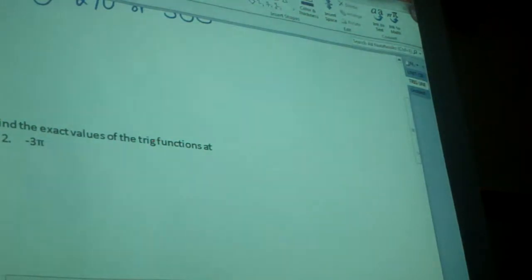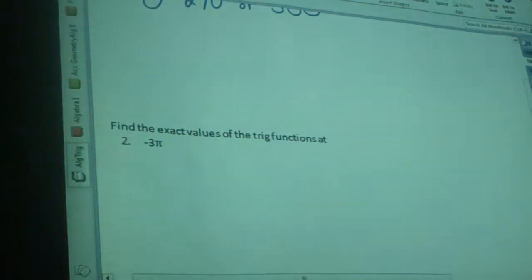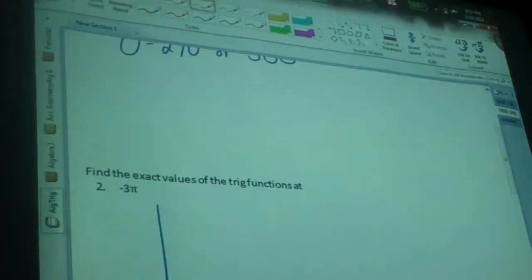Now you also do that with radians. Find the exact values of the trig function at negative 3 pi. Well, you'll want to know where negative 3 pi is. Negative 3 pi is the same as saying what? 180 degrees, okay? Or pi, right?